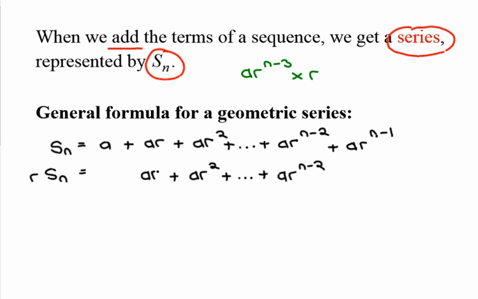Remember, when you multiply powers, you add the exponents, so it's r to the power of 1, which then becomes ar^(n-3+1), which is ar^(n-2). That's how I got that right there.